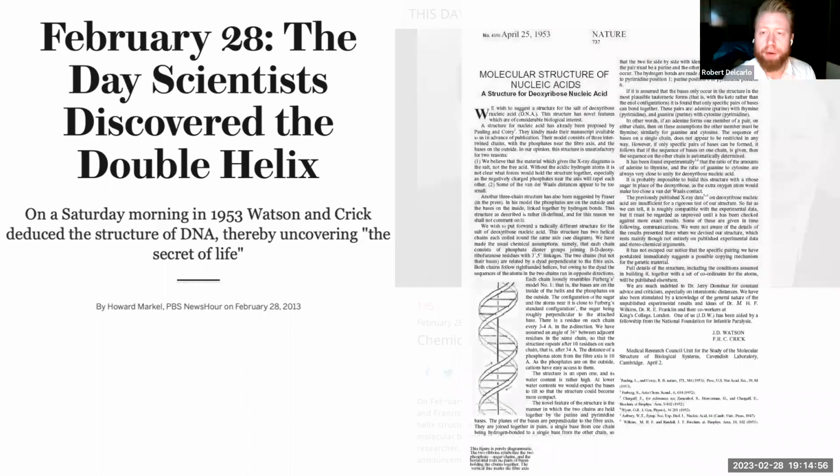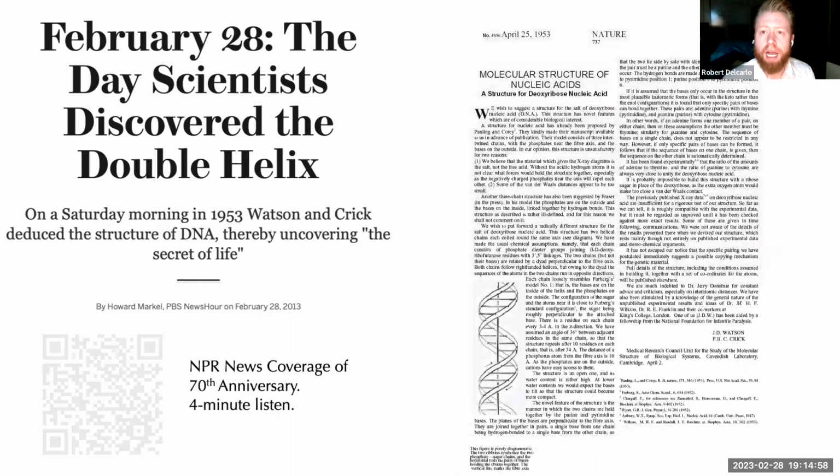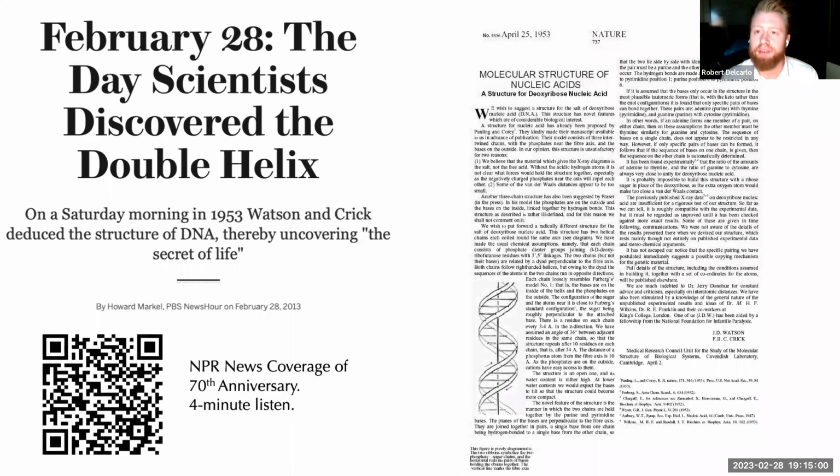This was their original paper that was published a couple of months later on April 25th, 1953, The Molecular Structure of Nucleic Acids, a Structure for Deoxyribonucleic Acid. And you can see that famous double helical anti-parallel structure down here in their figure. If you want to listen to a nice 4-minute story about this, NPR did one that you can see from that QR code.